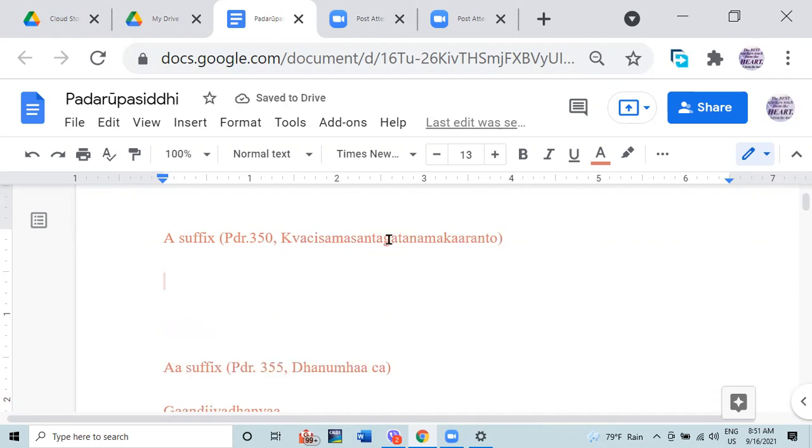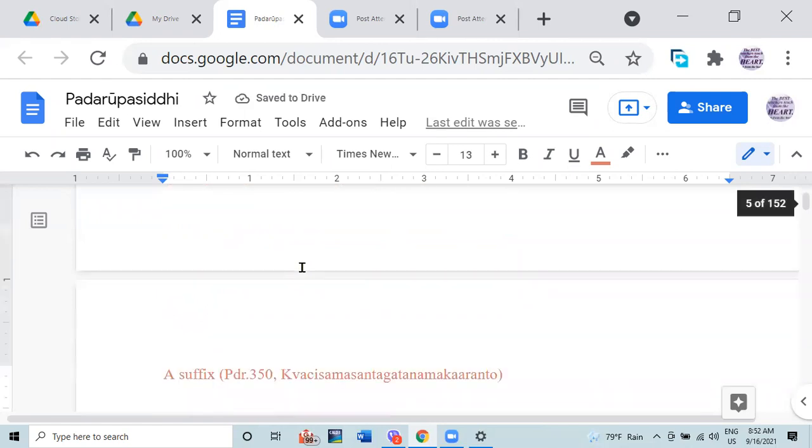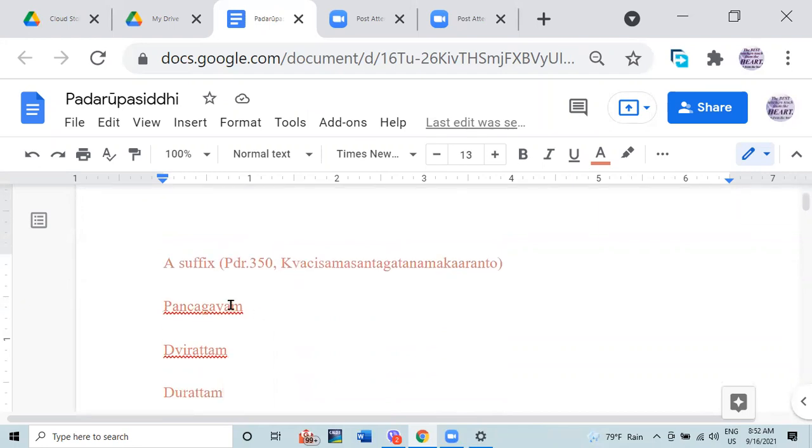So for asapis, the examples are Panchagawam, Dvirattan, Durattan, etc. Panchagawam means cattle.